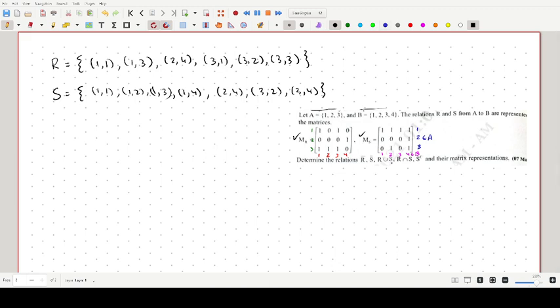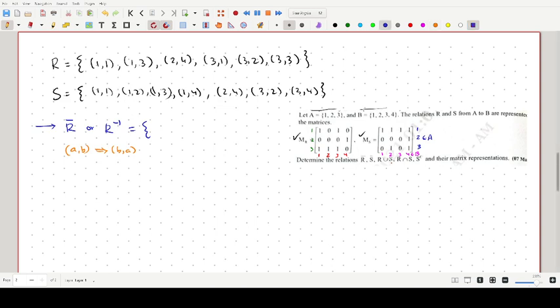Now, the first question asks us what is the relation R inverse. The relation R inverse is as follows. What we do is that we look at each of the elements and we reverse them. So if we have, let's say, an element A comma B belongs to R, then we'll convert that into B comma A. So that's very simple, right?